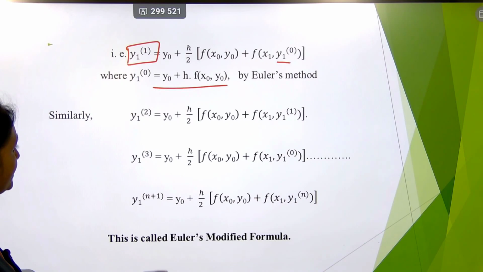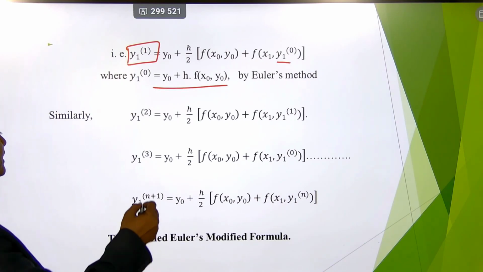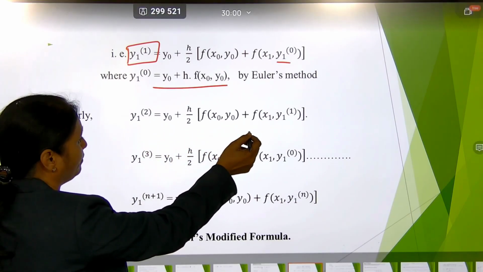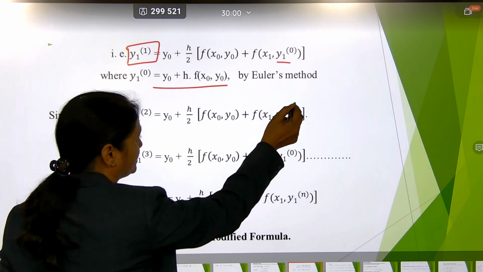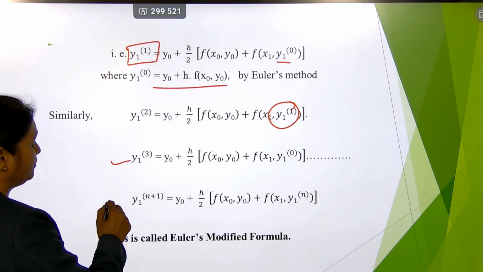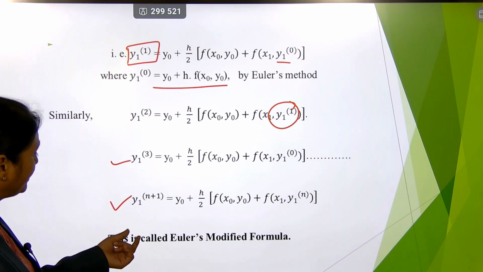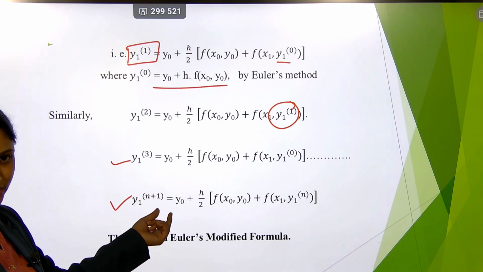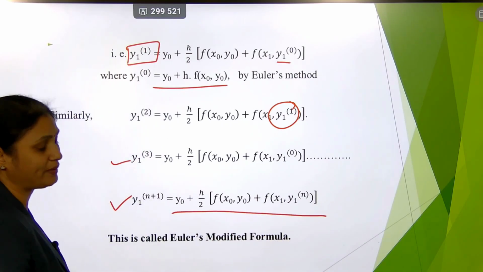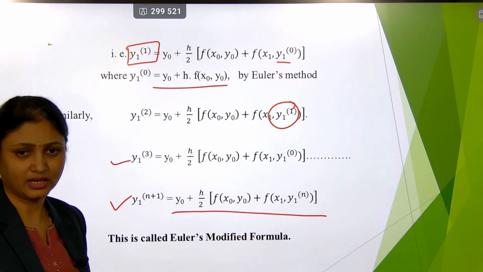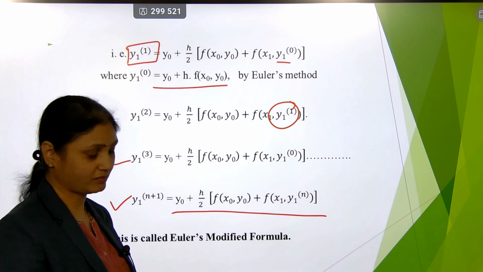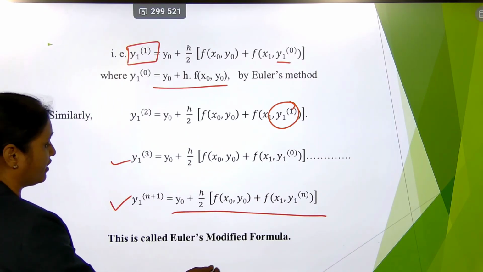Similarly, for the second iteration we get y1 2 equal to y0 plus h by 2 into f of x0 y0 plus f of x1 y1 1, where y1 1 is the value of y1 in the first iteration. Similarly y1 3 and y1 n plus 1. So the n plus 1th iteration value of y1 can be calculated using the formula y0 plus h by 2 into f of x0 y0 plus f of x1 comma y1 n. This is called Euler's modified formula.